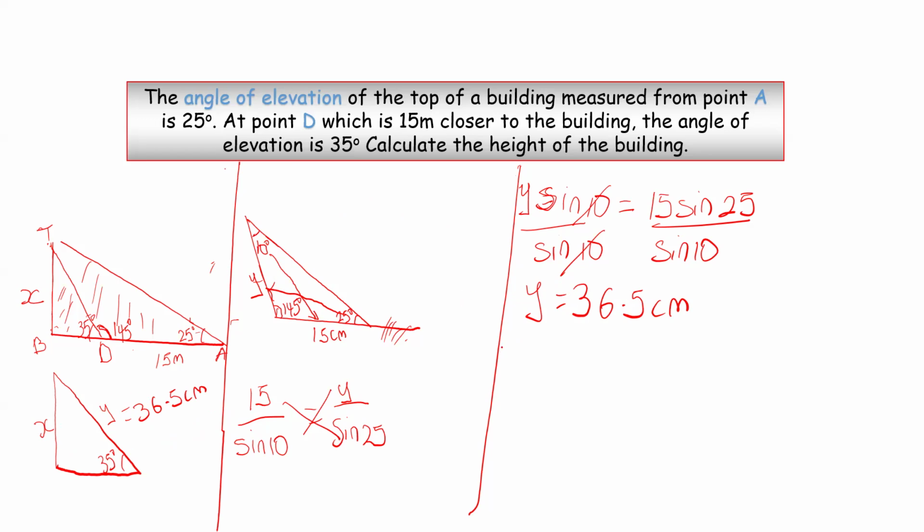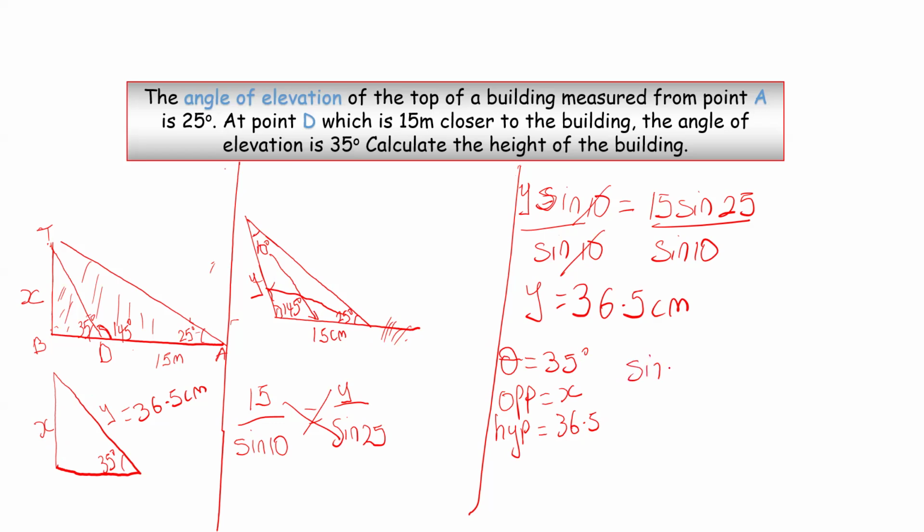So for the second part, we have our angle to be 35 degrees. We have opposite as x. Then we have our hypotenuse to be 36.5. So we know we are using sine from SOH.